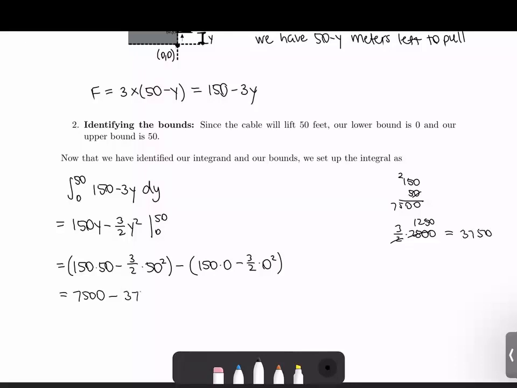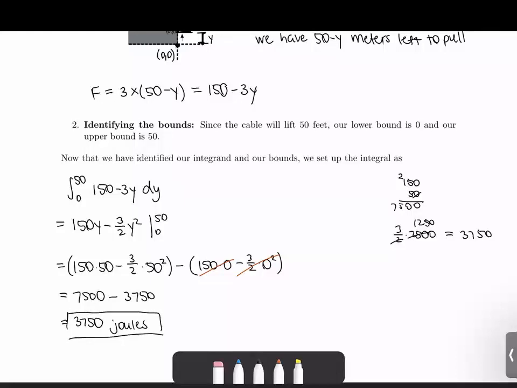And then these zeros are just going to be 0. So then 7,500 minus 3,750 is going to give me 3,750 again, because that's half of 7,500. And then lastly, I'm going to have my joules. Okay, so that is what my integral evaluates to.